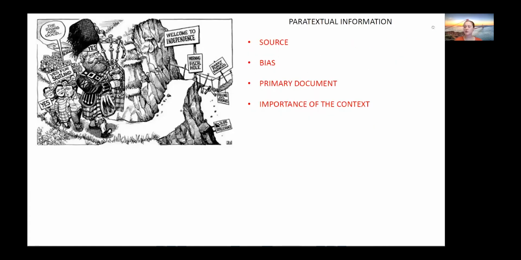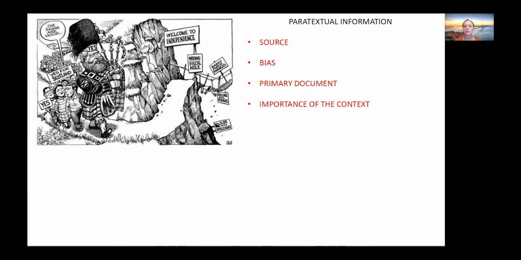Just from the paratextual information, you get a lot of elements. First of all, you get the information on the source, The Economist, so as we said, an English news magazine. We also have information on the bias, so an English point of view on an event happening in Scotland.